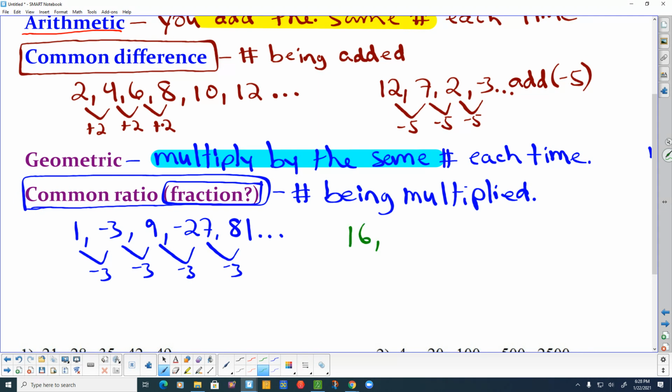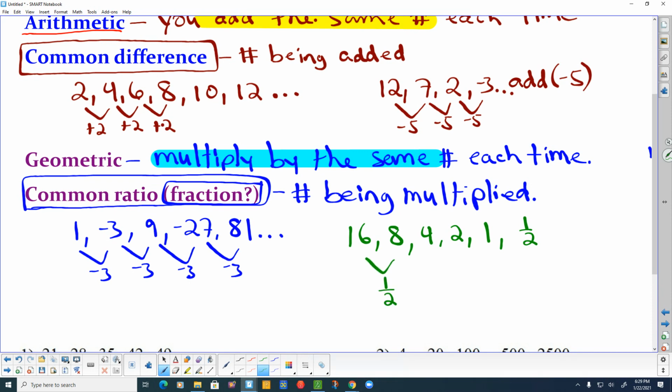16 and 8. Well, if this is arithmetic, I'm subtracting 8 or adding a -8. But I told you it's geometric. In which case, what am I multiplying by to go from 16 to 8? And if I multiply by that same number, I get a 4. Multiply again, I get a 2. Multiply again, I get a 1. Multiply again, I get a half. Well, what I'm multiplying by is a fraction.